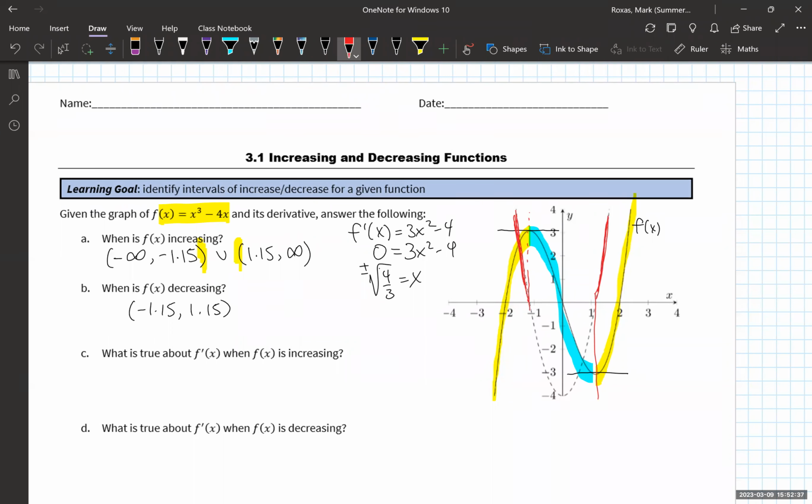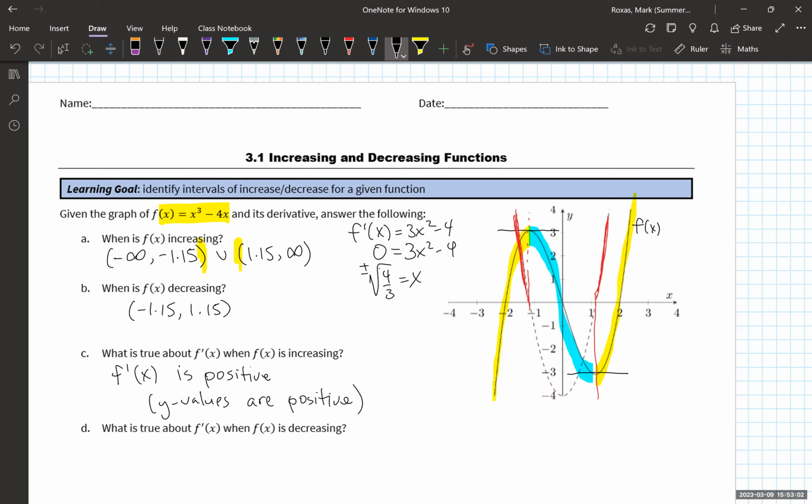We notice that those portions of the parabola I'm highlighting in red are positive y values. So I can say here that f'(x) is positive, in other words, the y values are positive.